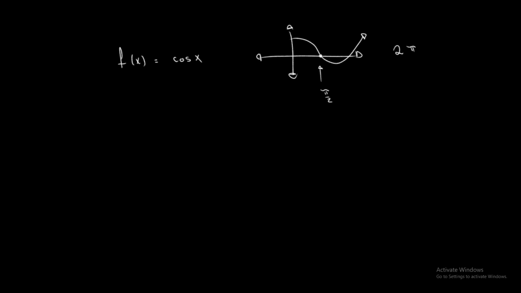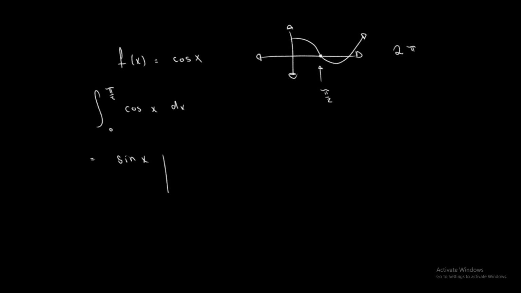Anyway, so we're going to evaluate this integral. We have pi over 2, 0. Now, let's say we have cosine of x dx. The antiderivative of cosine is the sine of x.